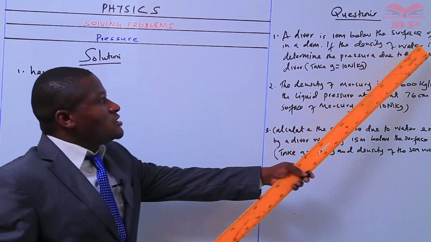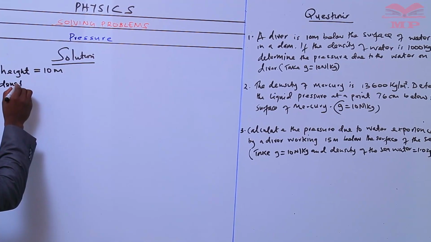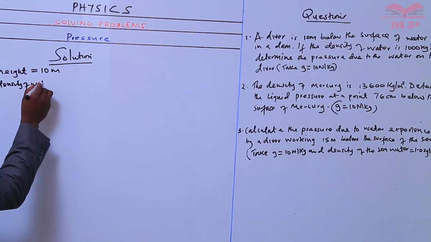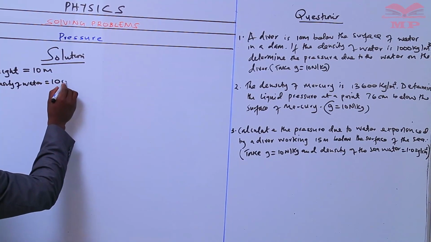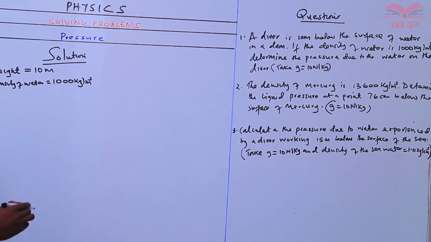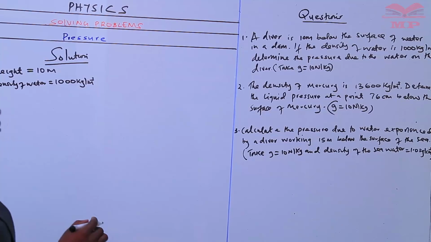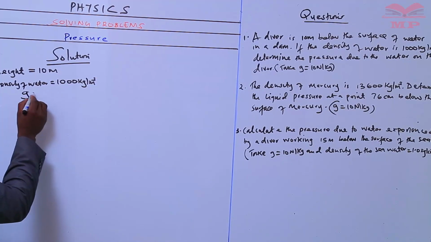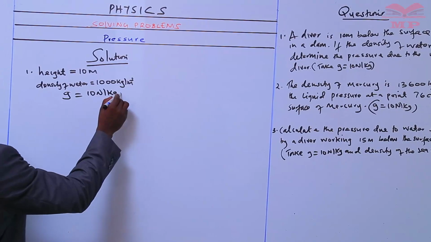Then we have density of water, given by 1000 kilograms per meter cubed. And we have been given also G, the force of gravity. G is equal to 10 Newton per kilogram.